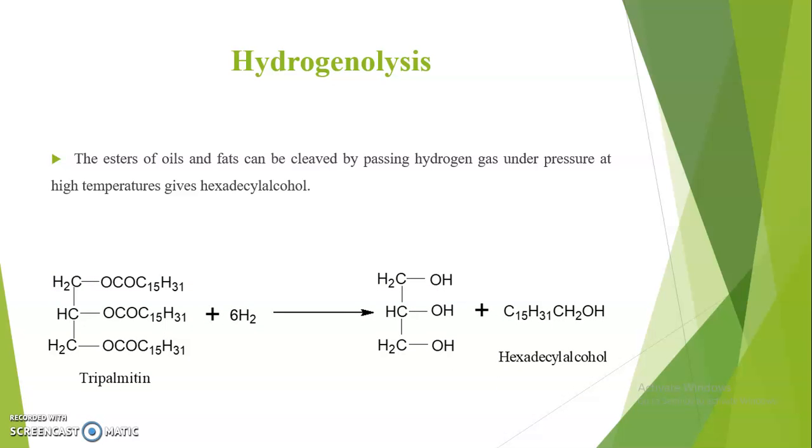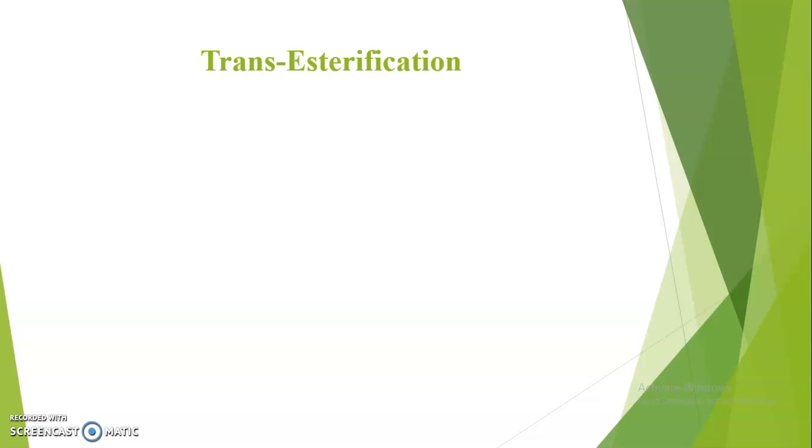For example, tripalmitin undergoes hydrogenolysis and is converted into glycerol and hexadecyl alcohol. In this way, this reaction can be used for the formation of hexadecyl alcohol. This is about hydrogenolysis.